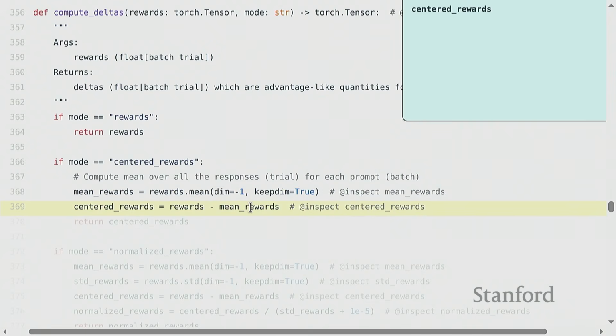And to answer a question from earlier, this is where if your rewards look like 1 and a bunch of zeros, your average is going to be, let's say, 0.1, which means that if you subtract that, you end up with a bunch of minus ones and something that's slightly below 1. Therefore, you're going to perform updates on all those negative examples as well.